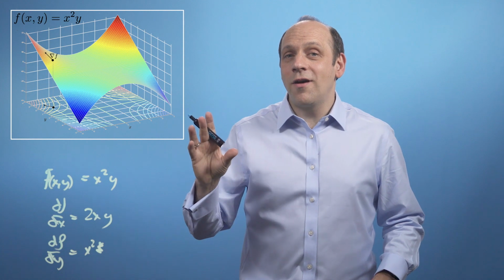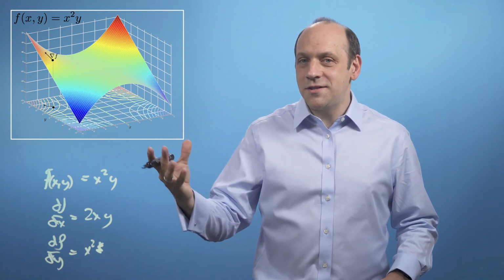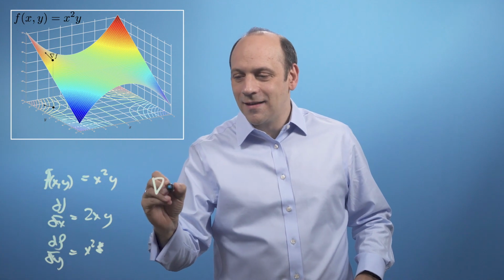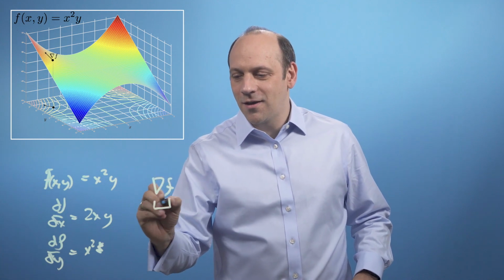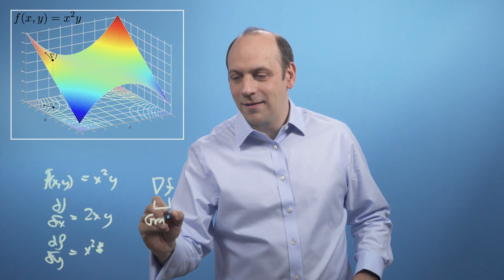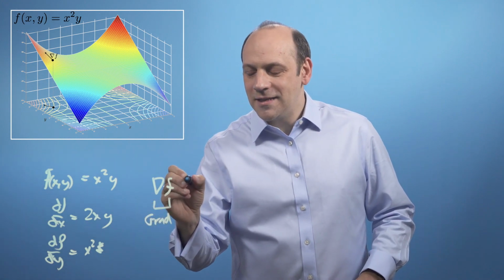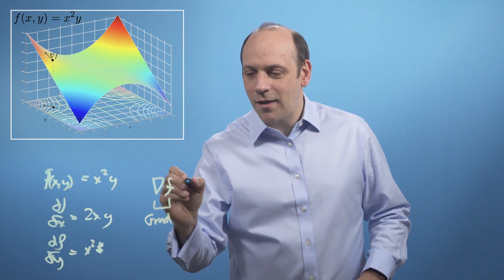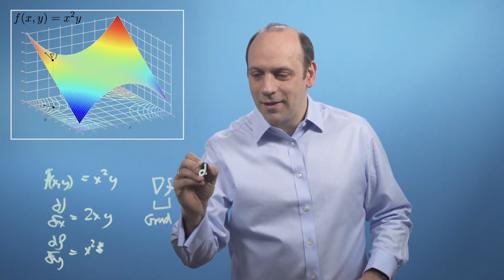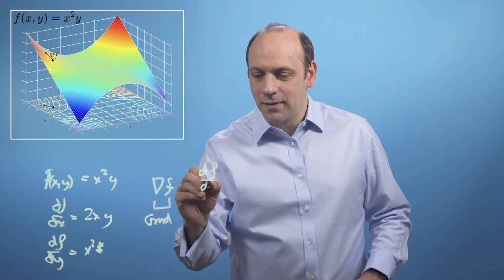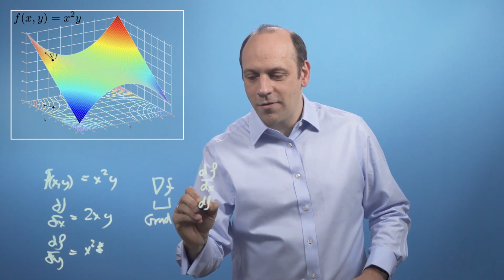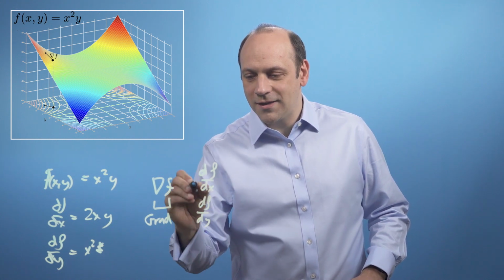Now, we can write down these two gradients in a vector, which we call the grad of f. So this guy we call grad. And this vector is just the vector where we write them down as the components of a vector.